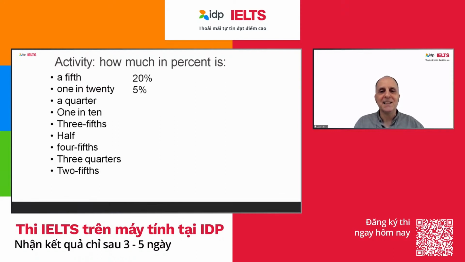Okay, a quarter, how many percentage is a quarter? Yeah, there we go. That's it. 3/5. 60%. Okay, half.